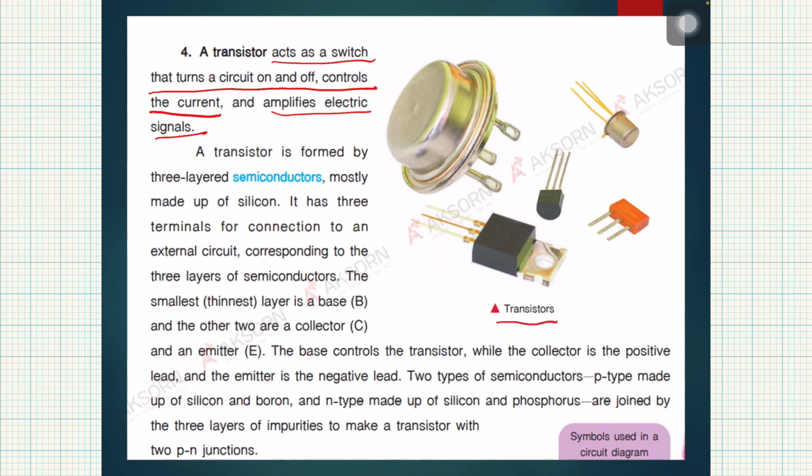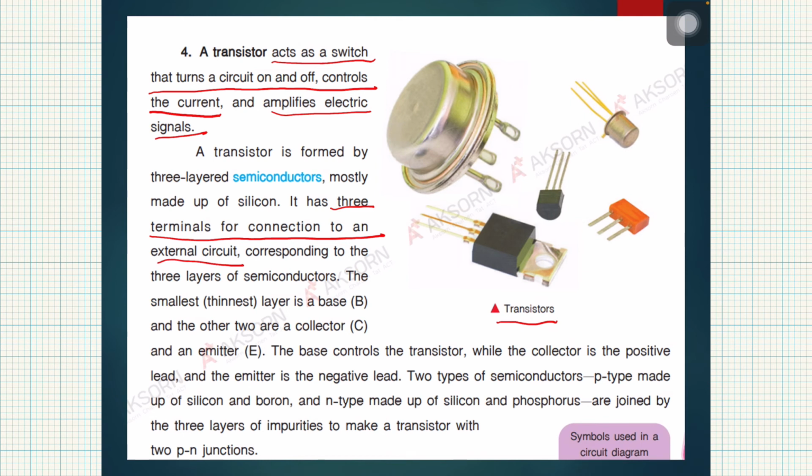Transistors are composed of three legs, or three terminals for connection to an external circuit, corresponding to the three layers of semiconductors. The smallest one, which is the thinnest one, is the base, and the other two are the collector and the emitter.